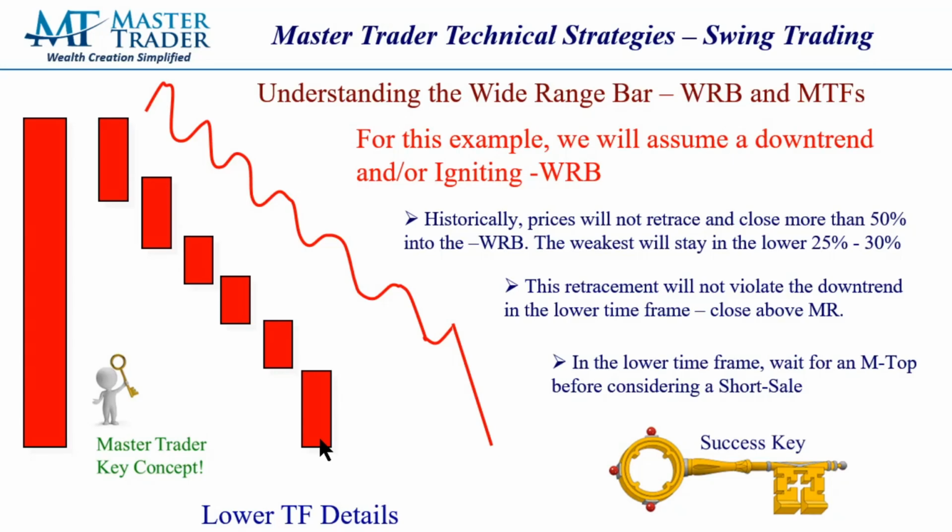And what we want to see in the bearish scenario is that prices are going to stay in the lower half and ideally the lower third or so of this wide range bar.